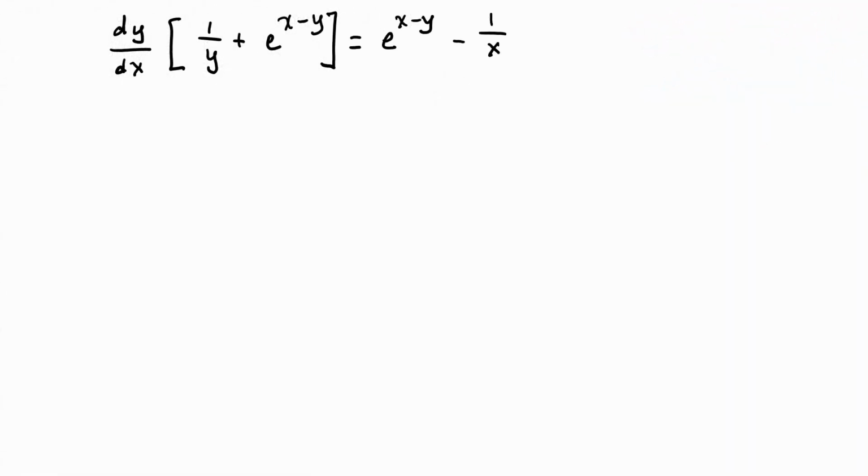Continuing to simplify, we will keep the dy/dx on the left-hand side, and the right-hand side becomes a big rational expression. The numerator is going to be e to the x minus y minus 1 over x, and the denominator is going to be 1 over y plus e to the x minus y.